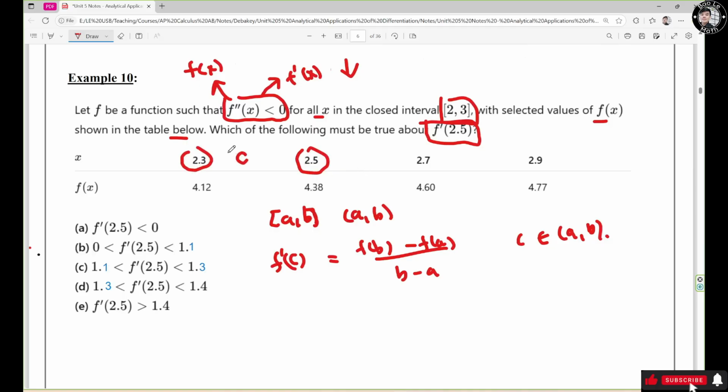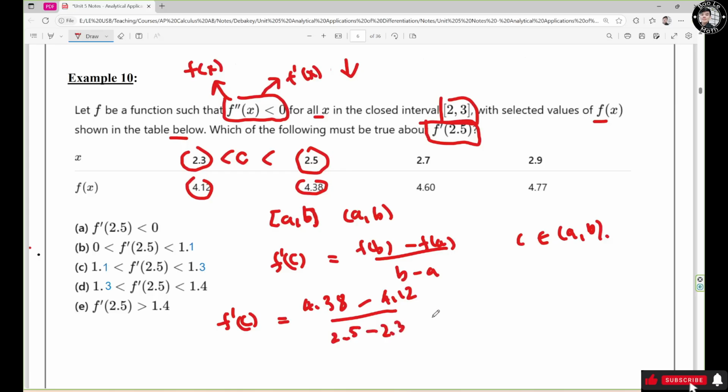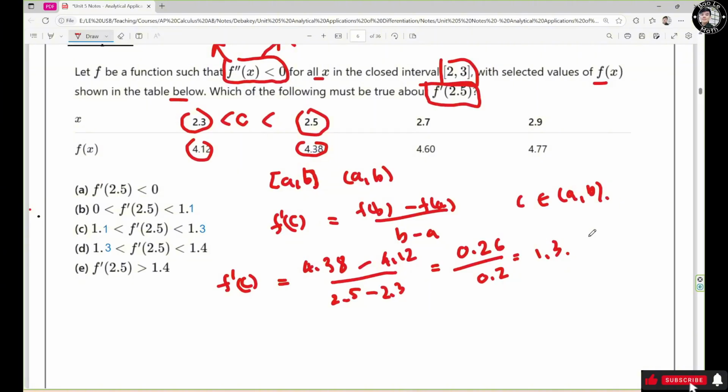So I have the value of c between this interval. So I have f'(c) equals f(b), which is 4.38, subtract f(a), which is 4.12, over b minus a, which is 2.5 subtract 2.3, right? And this turns out to be 0.26 divided by 0.2. It's going to be 1.3, right?